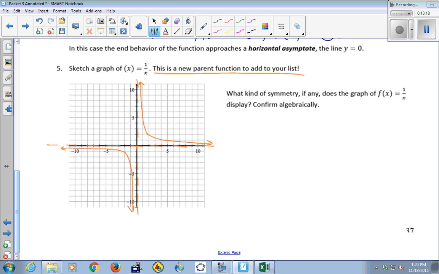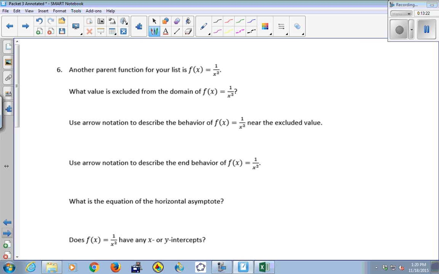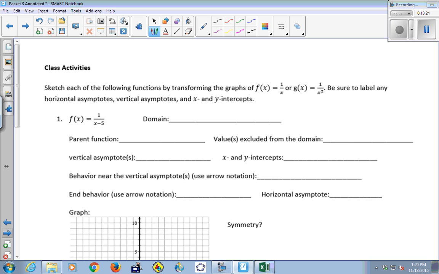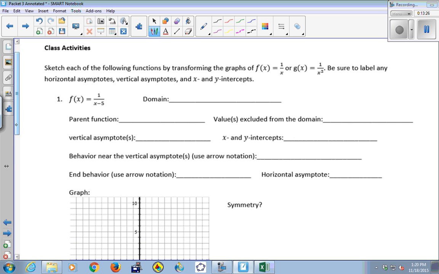Okay, perfect. So before I look at another new parent function, I'm just going to jump to the class activities and do number 1 with you. So I have this new parent function, 1 over x. How would I graph 1 over x minus 5?